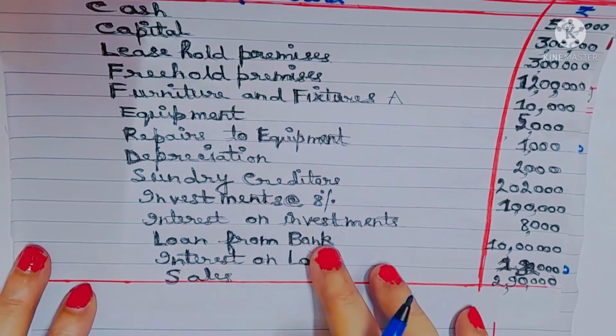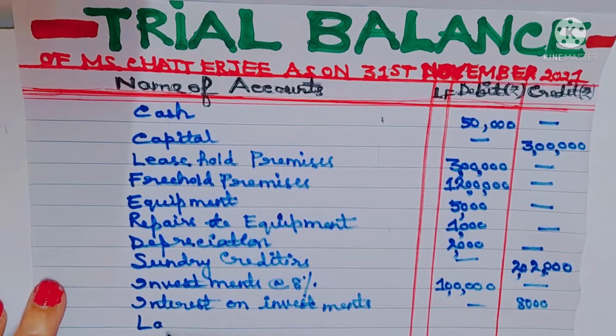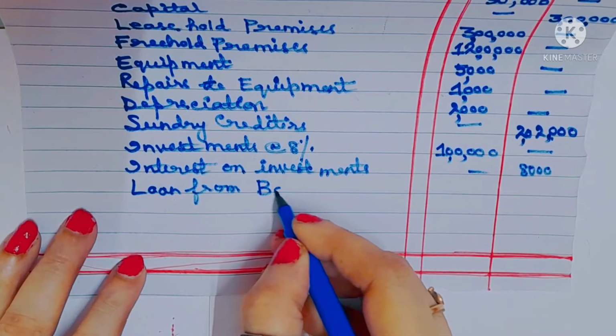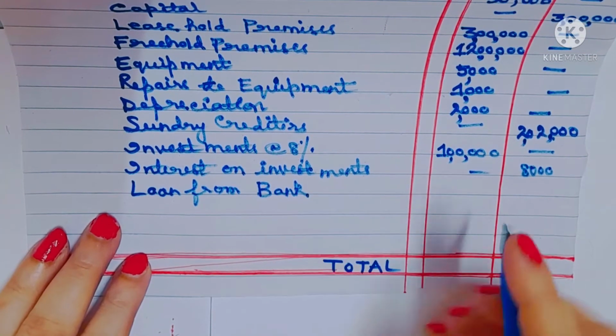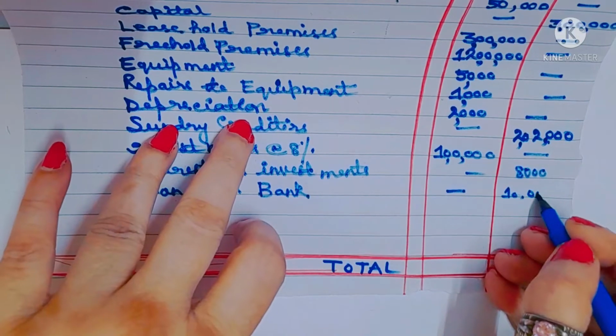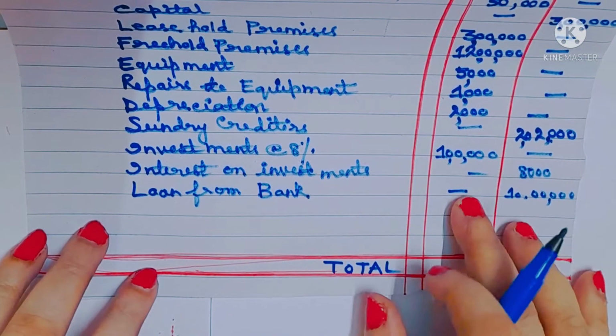Loan from bank 10 lakhs. Let's write. Loan from bank, 10 lakhs. So, loan from bank is a credit balance.